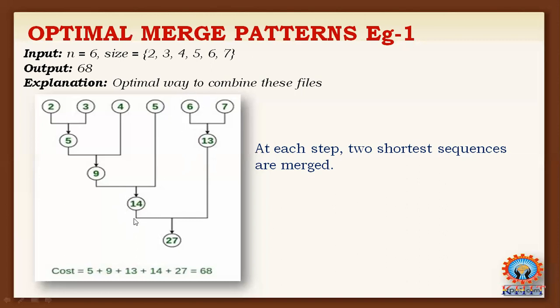Why we are not merging 14 with 6 is, when you merge these two files, the result will be less than the root node. That should not happen. Why? Because if you want to generate a binary tree, considering the root node, the left elements are less than the root node, and the right side elements are greater than the root node. That's why we consider it here.